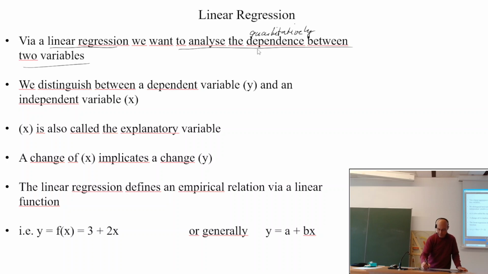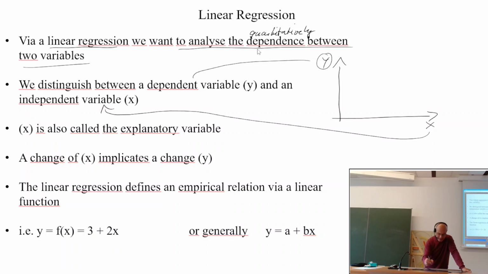And for this, if you remember from school, mostly you put on the vertical axis the variable y and on the horizontal axis x, and then we call this one the dependent variable and x the independent variable.